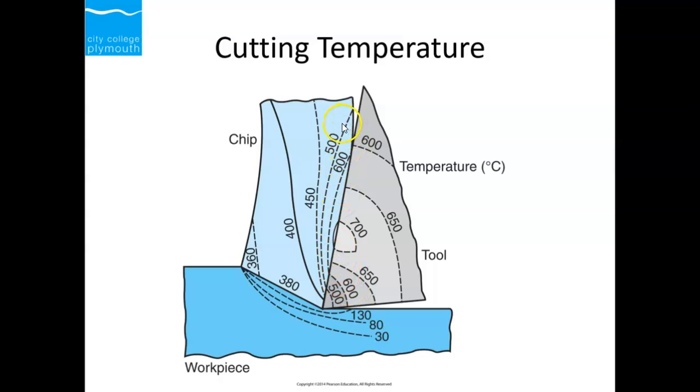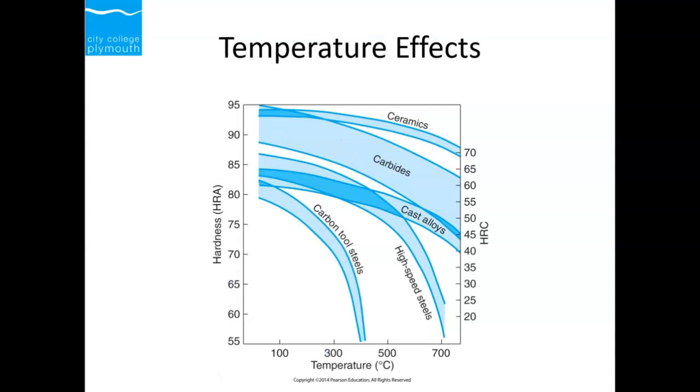At the very top, you can see around 600 and 500. So they develop a temperature gradient. If the temperature exceeds a certain value, the finished workpiece will have different properties. It might have gone through quenching or normalizing, which will give different properties.